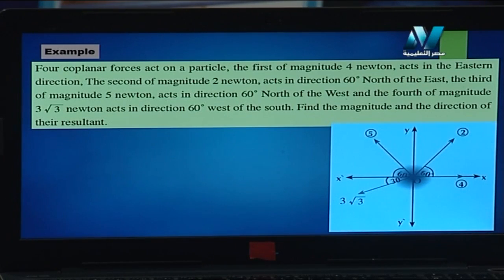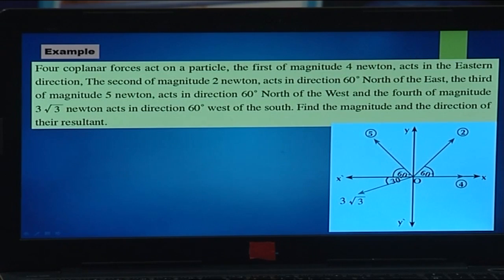Look here. We have the first force, which is 4, acting in the east direction, and 2 acts north of east by a 60 degree angle. When they say north of east, you put this angle with the east, because east is mentioned last.